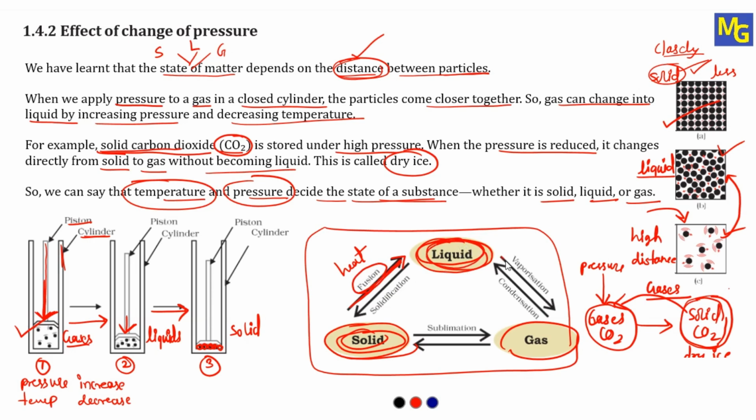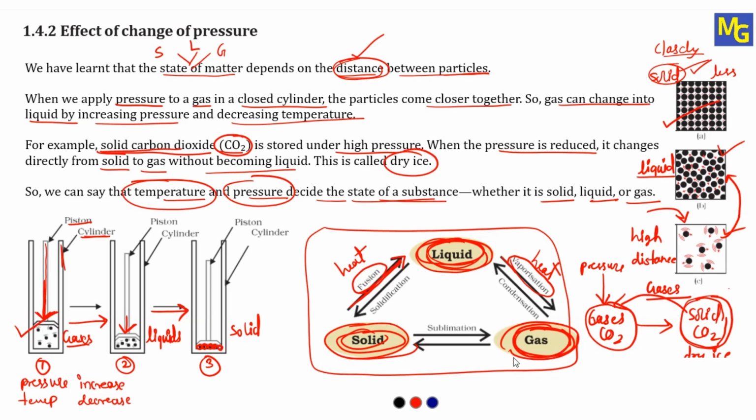If you continue applying heat on the liquid, it gets converted into gases, because you are giving energy. That energy is taken by the particles and they move faster. So liquid converts into gases, and this process is called vaporization. Gases are also called vapors.